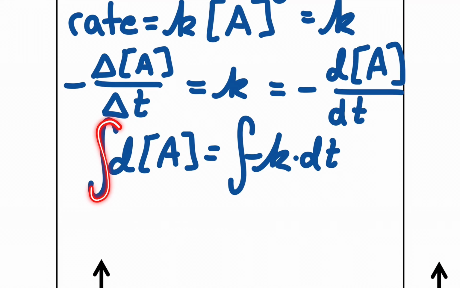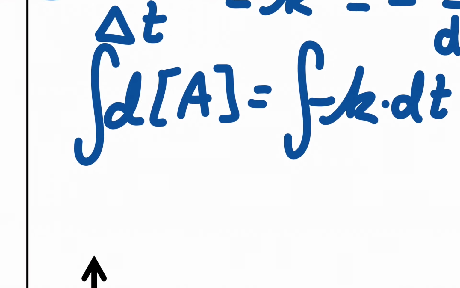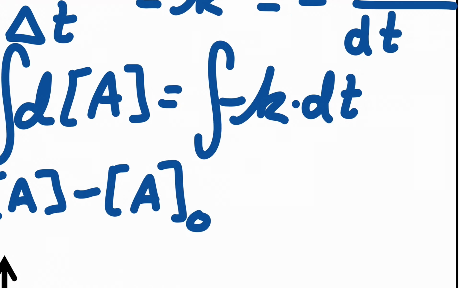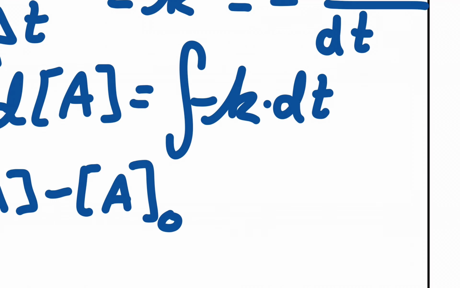The integral of 1 with respect to A from some final A to some initial A is the change in A. It's A at some time minus A under initial conditions. And that's true for here as well. The integral of the differential with respect to t, and I can take a constant and just put it out in front, is a final t minus an initial t.